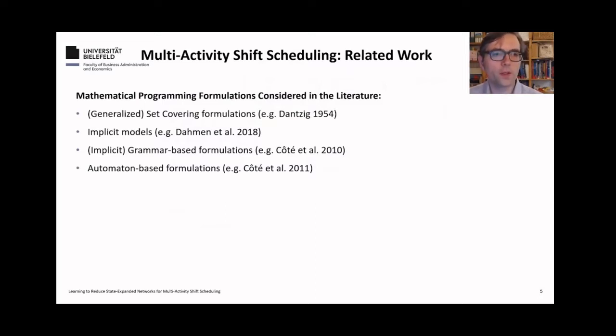Then there are some so-called implicit models, which have been recently shown to work not only for mono-activity but also for multi-activity shift scheduling problems in a paper by Dahmen. And then there are also some approaches using formal languages, namely context-free grammars, which can be used in MIP formulations, or formulations based on finite state automata.